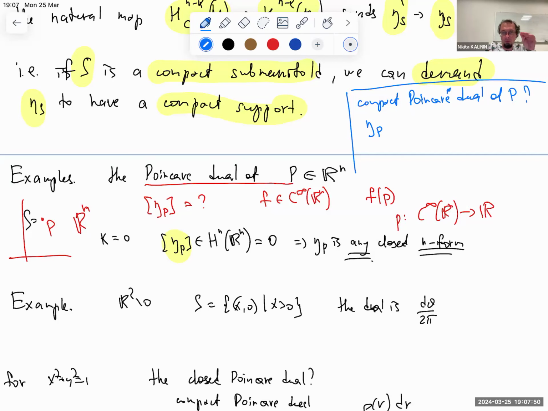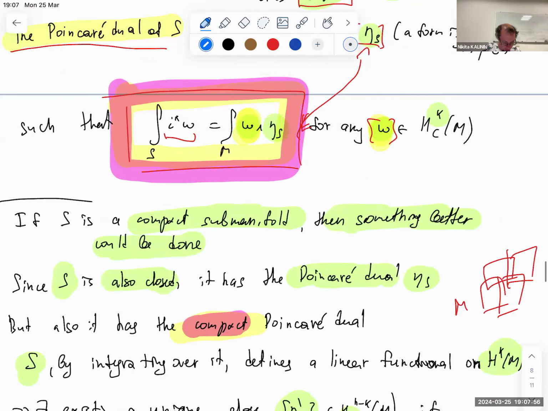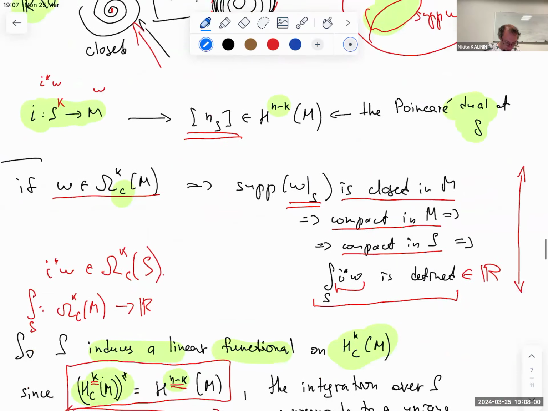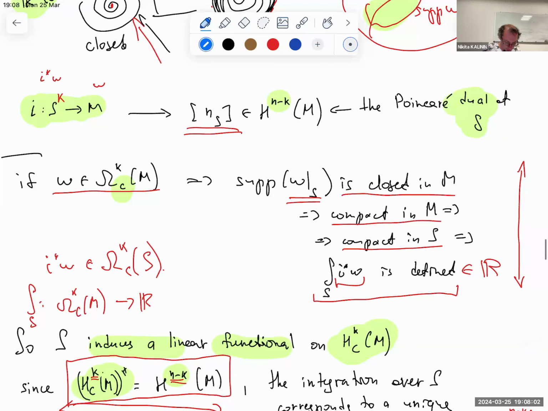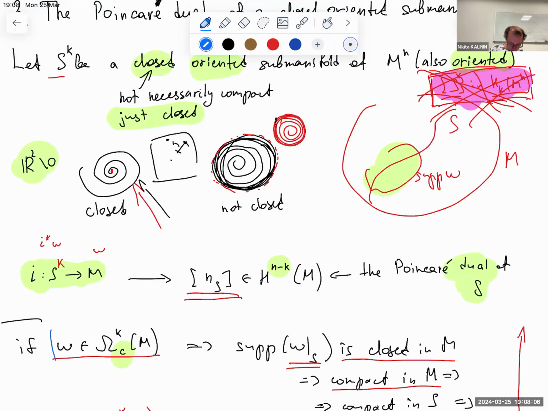Well, let's try to recover this whole procedure. First of all, to construct the usual Poincare dual, we initially considered certain forms of degree k with compact support, and then we do something.